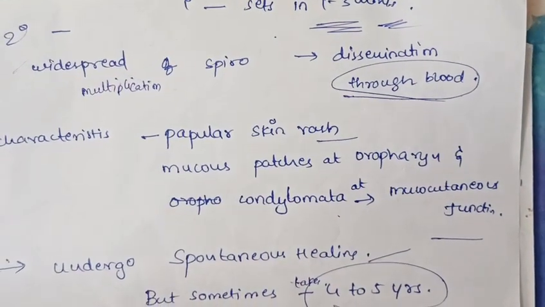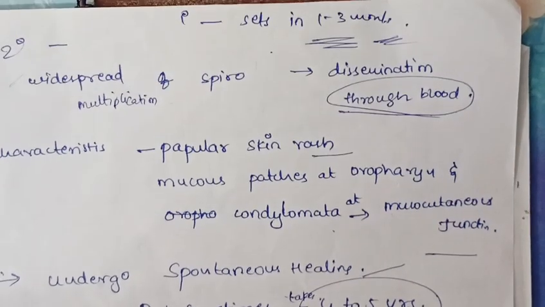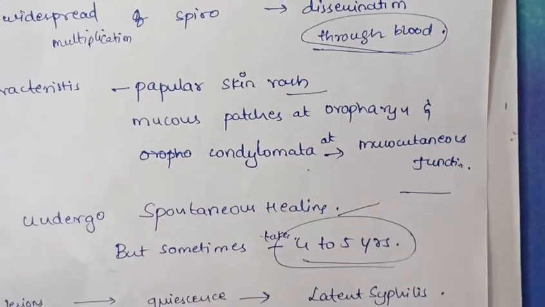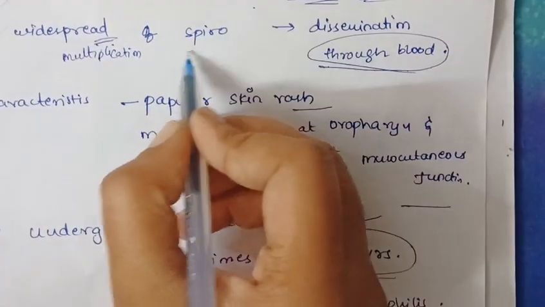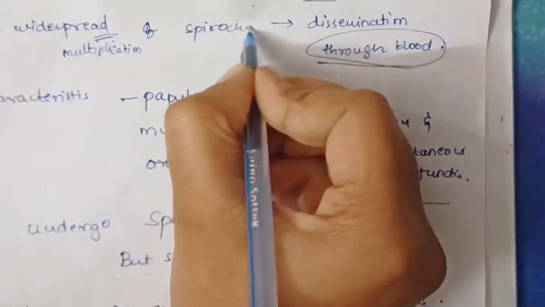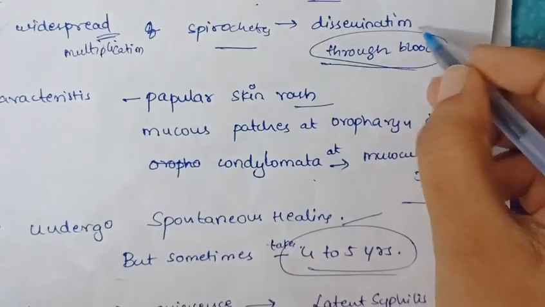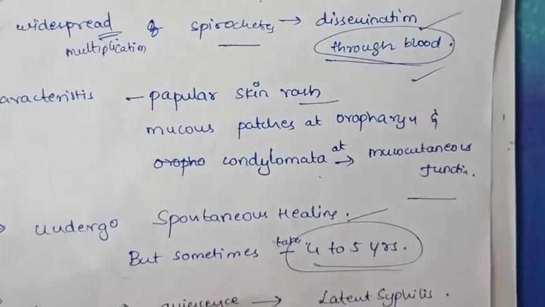Next, coming to secondary syphilis. Secondary syphilis is widespread due to the multiplication of spirochetes in the body, which also disseminate throughout the blood.